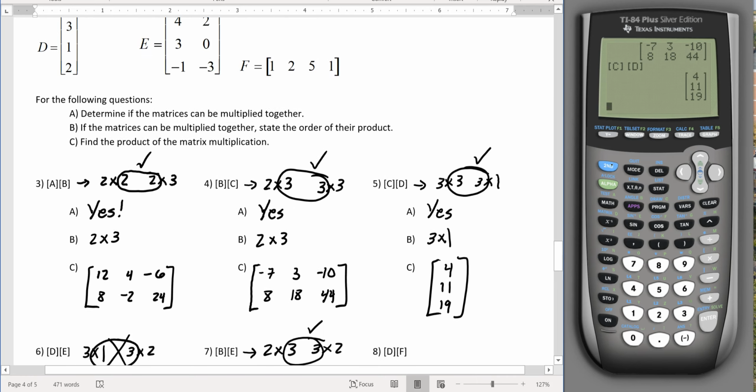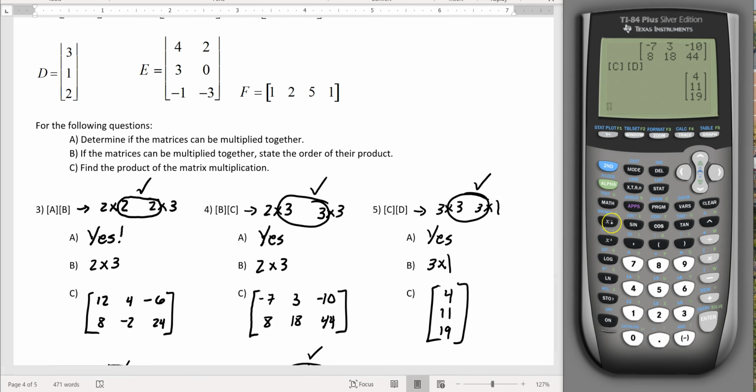So I'm going to do second matrix, edit, matrix E. So E is a 3 by 2 matrix, rows by columns. So 4, 2, 3, 0, -1, and -3.